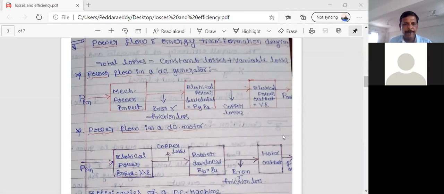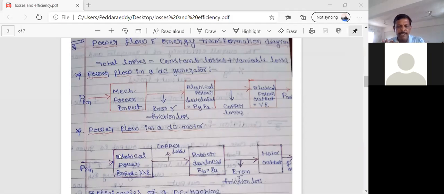Okay, next coming to the DC motor. In a DC motor, we give electrical power as input. When we give electrical power as input, there will be some copper losses and some iron and friction losses. First, when we give electrical power input, there is a chance of copper losses.